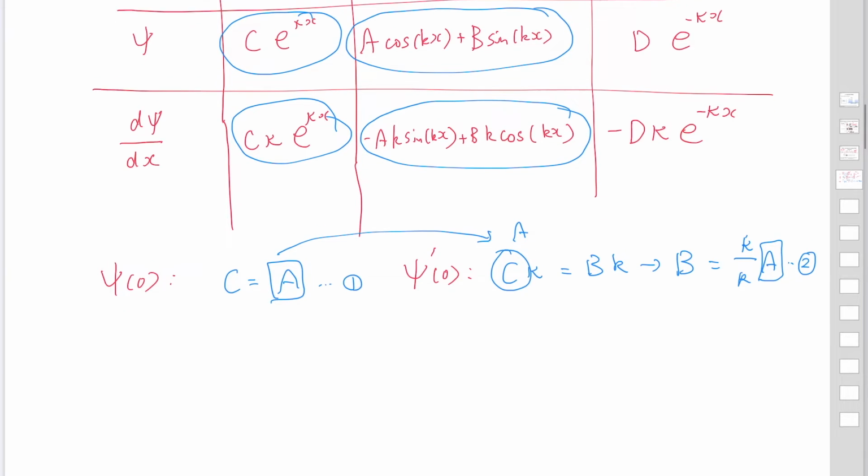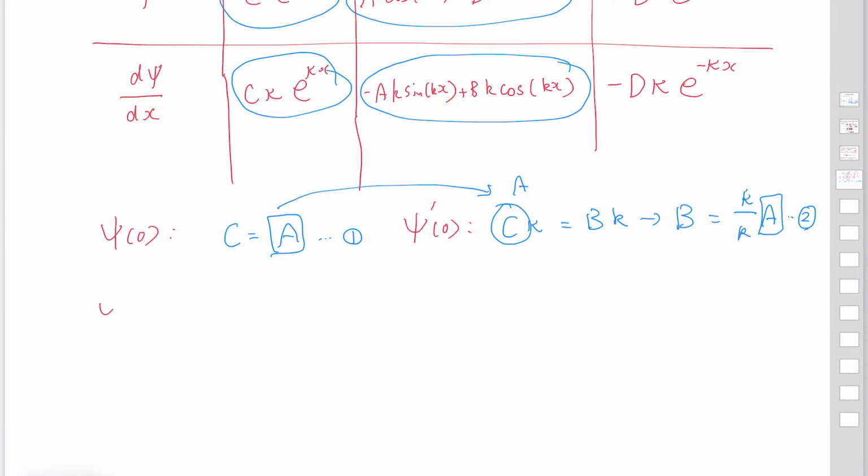And then another equation for the derivative at L. From these conditions, you can compare with these equations.